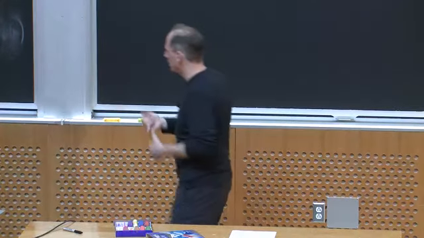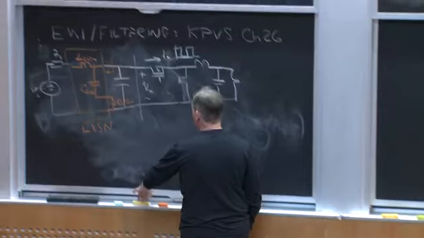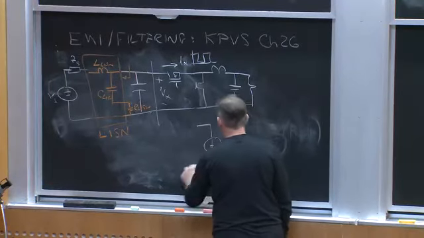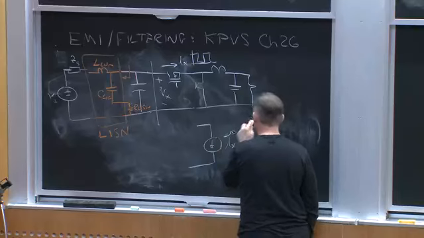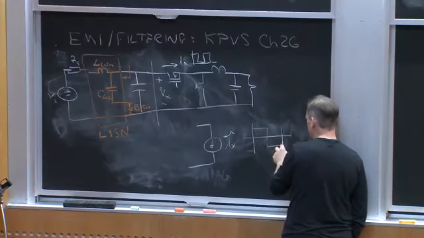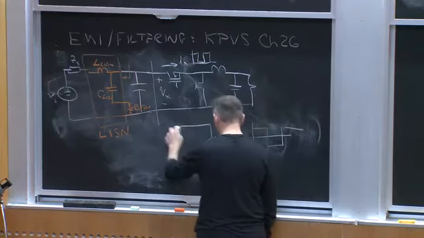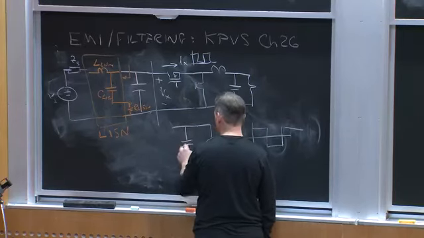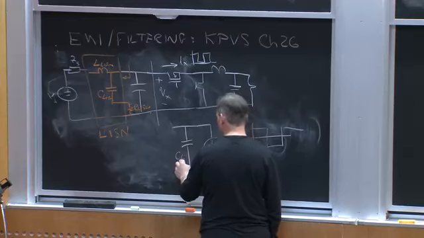But the basic idea is as follows. I have some ripple current, I'll call it Ix tilde here, which might be some large signal. I put it into my filter capacitor, or my filter more broadly, here just C_F.